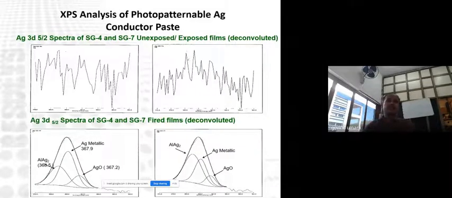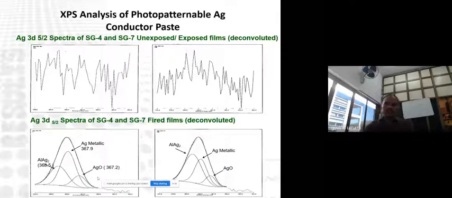An interesting feature we observed is that when we see the silver case in XPS, the organic clearly masks the silver peak, and we got no peak of silver binding, or metallic silver. When we fired it, all the organic burned up. That confirms that the organic is all gone.